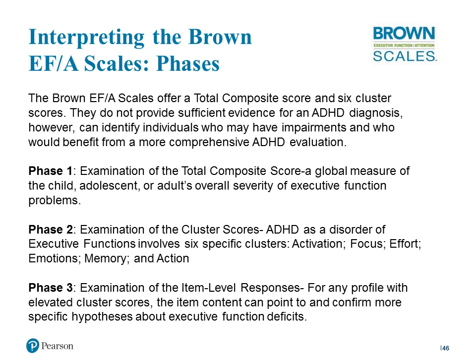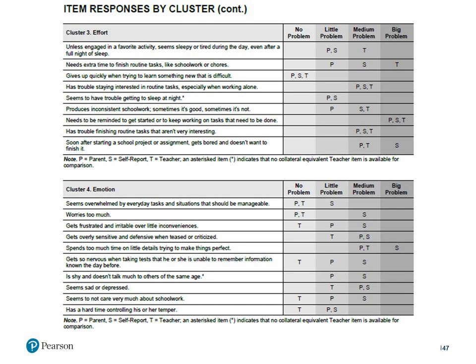And then the final phase is to look at specific items. And the Brown allows us to look at the specific items in the scale and identify which items are elevated.